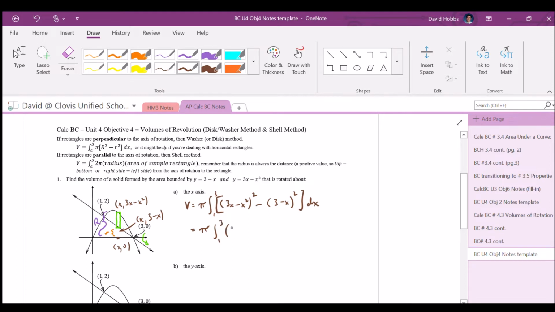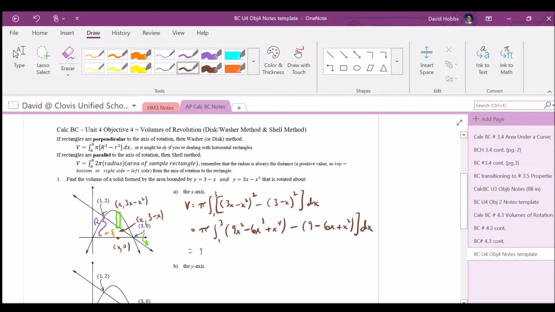So you do have 9x squared, and let's see, minus 3x cubed minus another 3x cubed, and plus x to the 4th, minus, let's see, 9 minus 6x, sorry, not squared, just minus 6x and plus x squared.